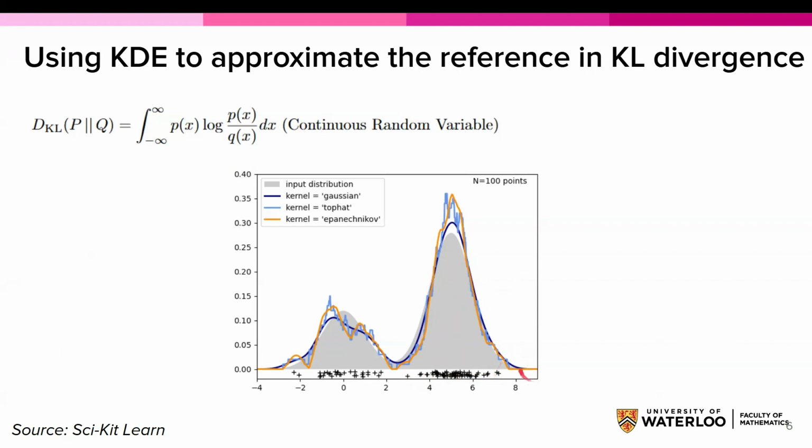Here, the input distribution is estimated using different kernels, specifically the Gaussian, the top hat, and the Epanechnikov kernel. The idea is that KDE gives us a flexible way to approximate that true or reference distribution P. Then we could compare it to another distribution Q, which could be our model. The choice of kernel bandwidth will impact the quality of the approximation and therefore the accuracy of that divergence calculation.